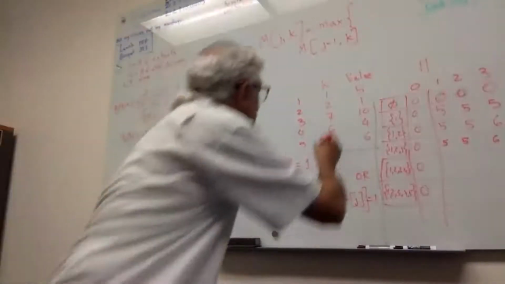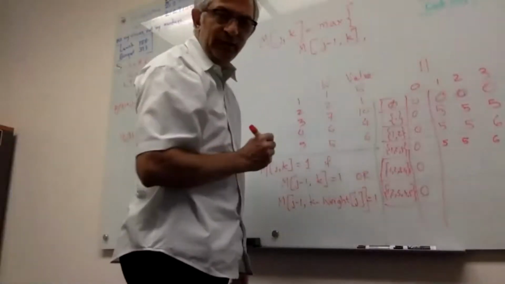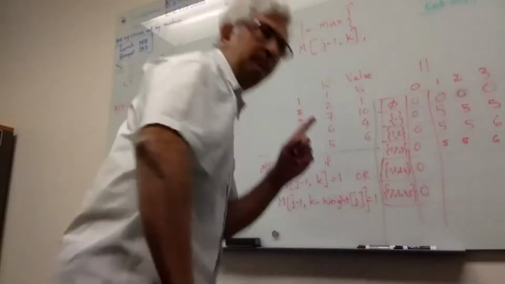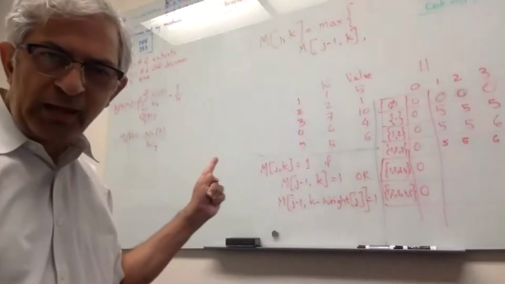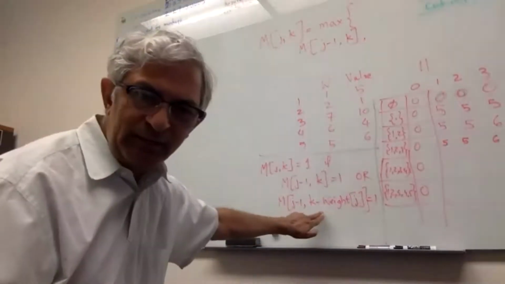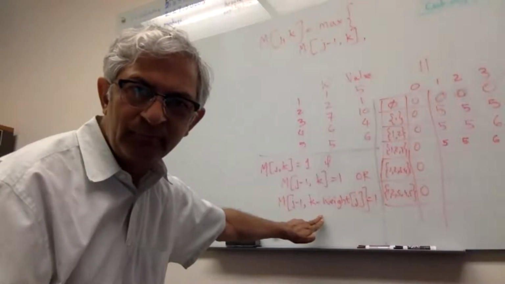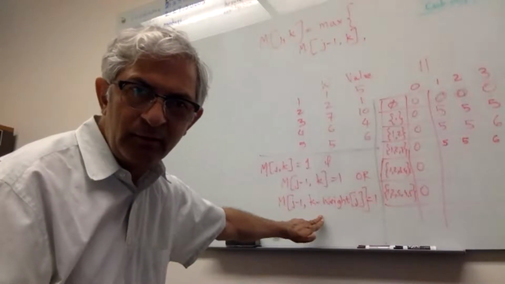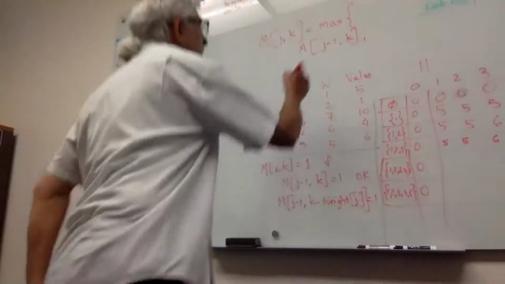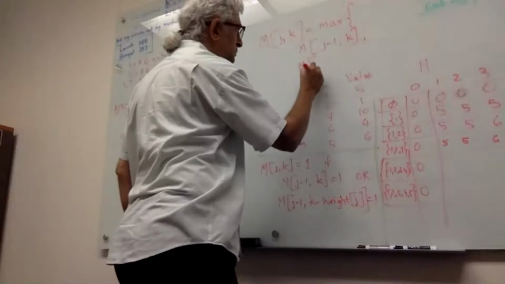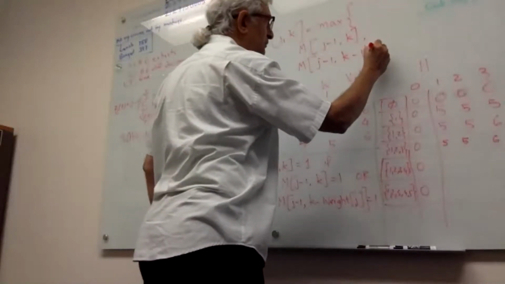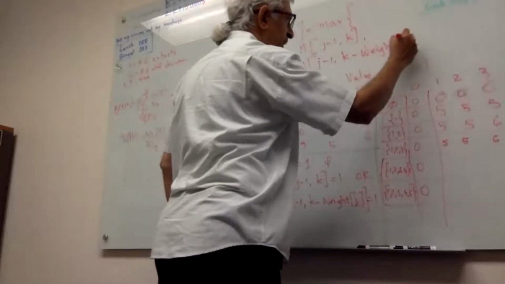But I'm also going to compare this with something else. What is that? I'm going to go to the previous row, but I'm going to go left some number of columns. In fact, I'm going to go to the same item I looked at here. Is that clear? So I am going to then do j minus 1, k minus weight of j.